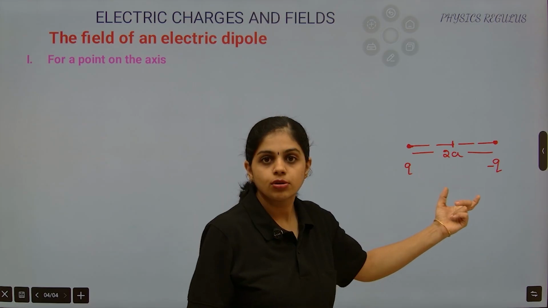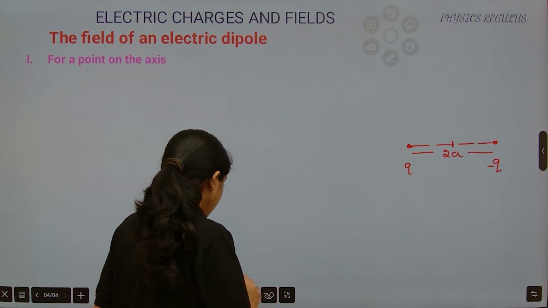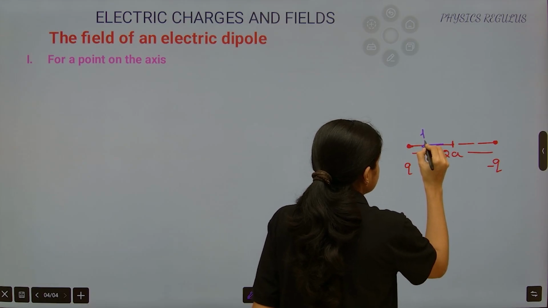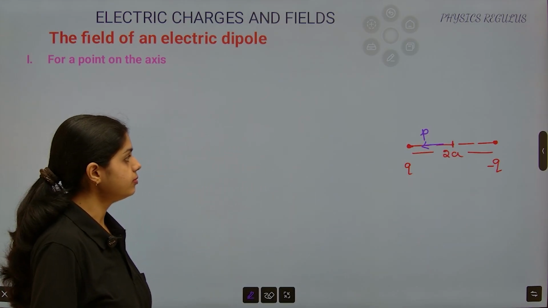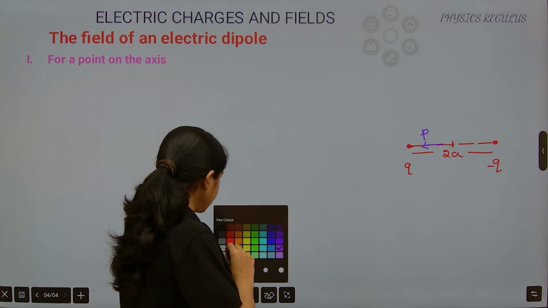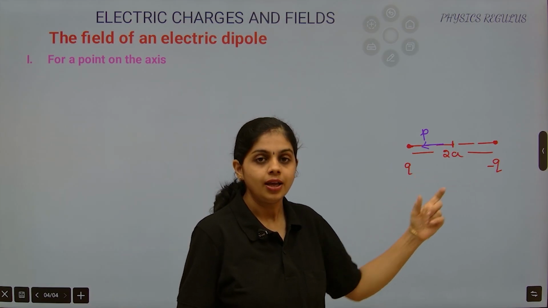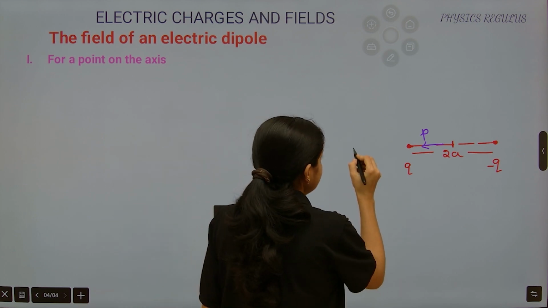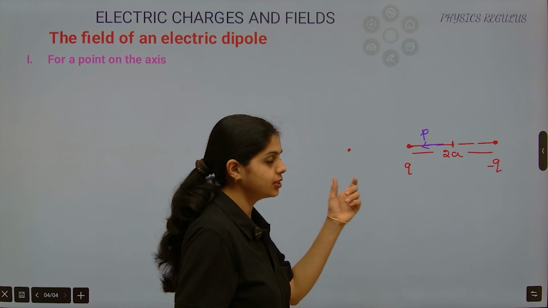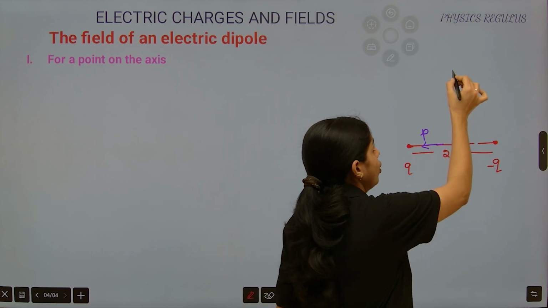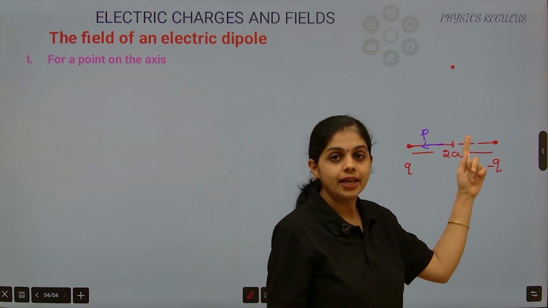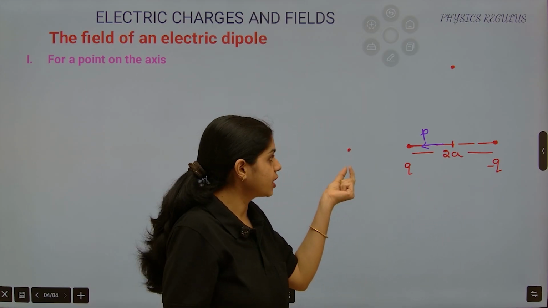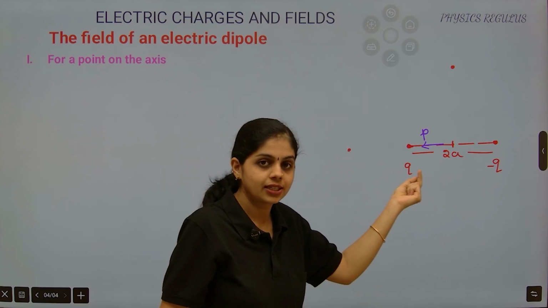The direction of dipole moment is from negative charge to positive charge. Now we are finding the electric field due to this dipole at two different points: one is a point on the axis of the dipole and another is a point on the equatorial line. First, let us find the electric field at point P on the axis of the dipole.